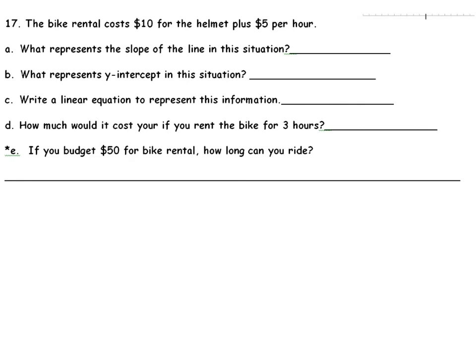All right, this is the last question. If a bike rental costs $10 for the helmet and $5 per hour, what is the slope of the line? Well, if I think about it, what's going to happen is every hour, my cost goes up $5.